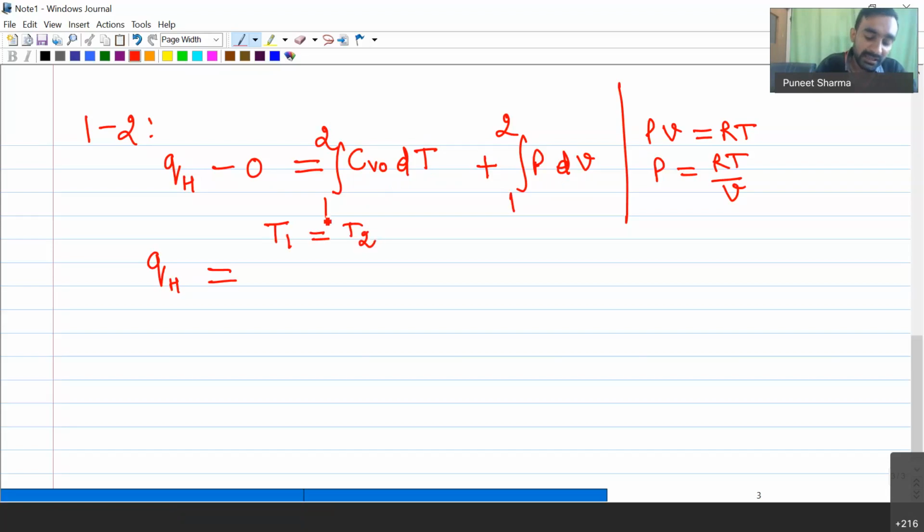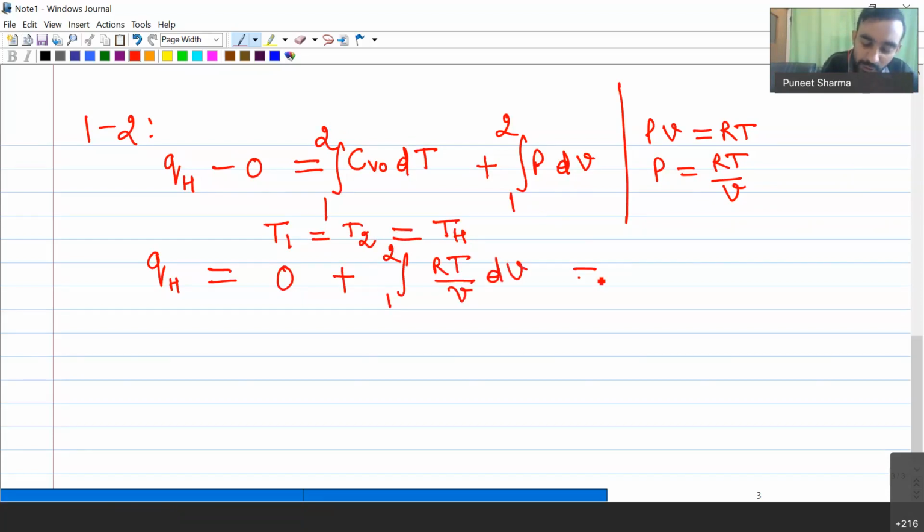My limits of integration are the same, because at points 1 and 2 both the temperatures are equal to TH, because it is an isothermal process. So the first term will be equal to 0, plus the integration from 1 to 2, in place of P I can write RT divided by V into dV.